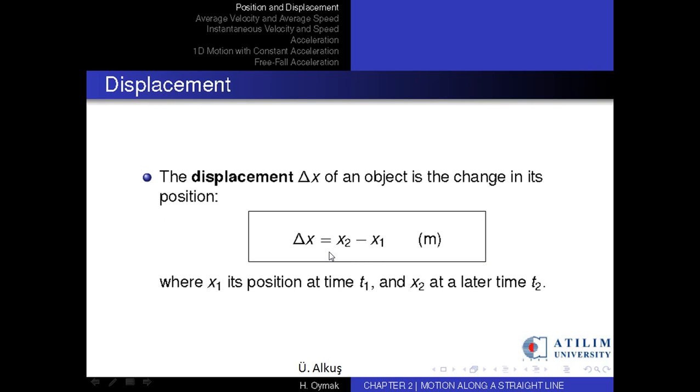The change in the position of the object is called displacement, delta x, which is given by this formula. And it is in meters, because it is the difference between the positions. Here, x1 is the position of the object at time t1, and x2 at a later time t2.